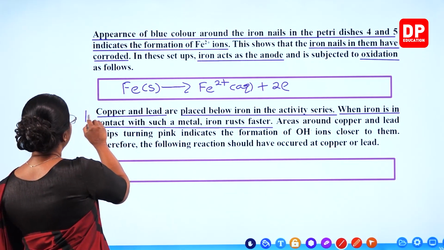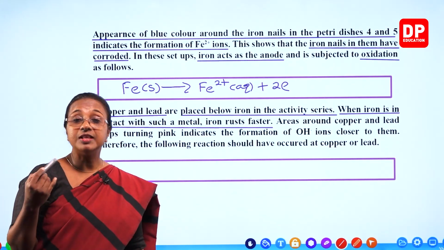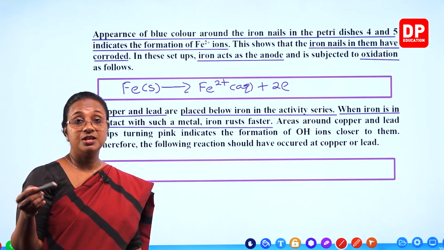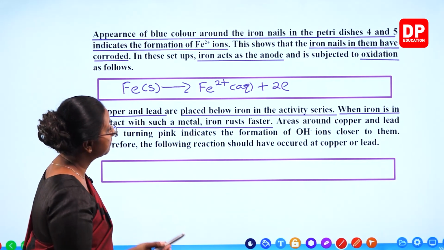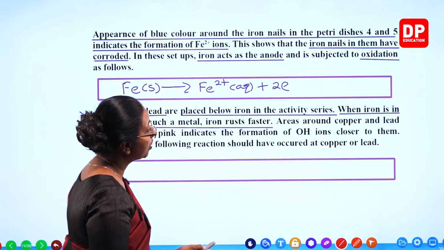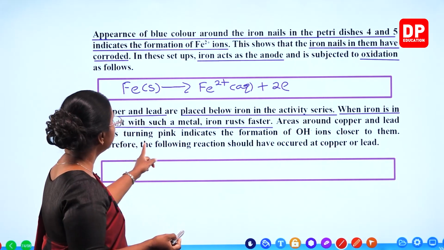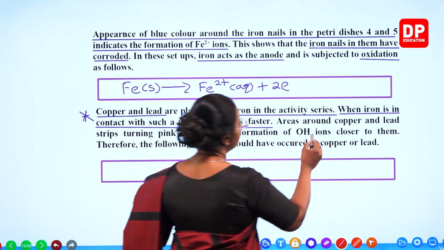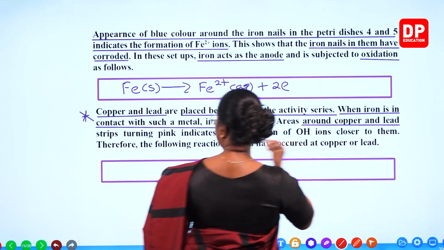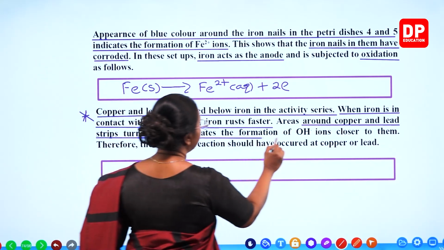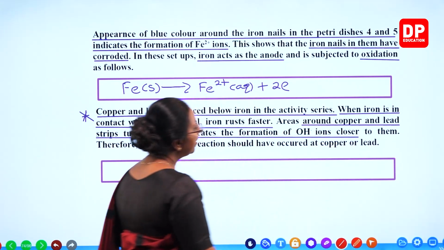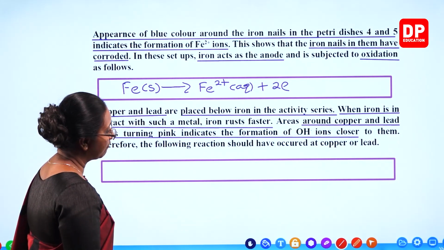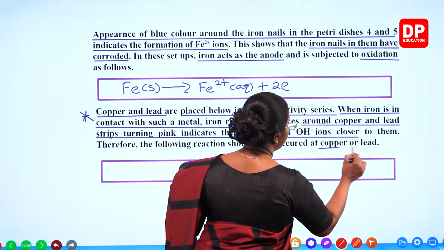That is why what I explained to you all: if the plating is scratched, then the rusting occurs faster. Areas around copper and lead strips turning pink indicates the formation of OH- ions closer to them. Therefore, the following reaction should have occurred at copper or lead.